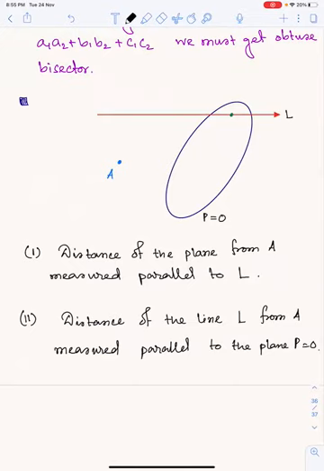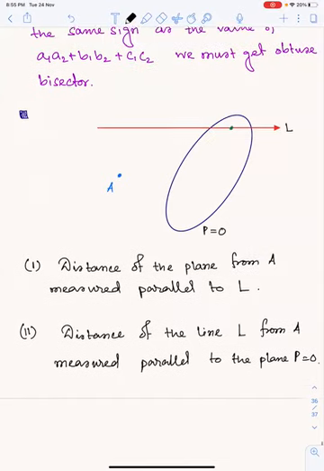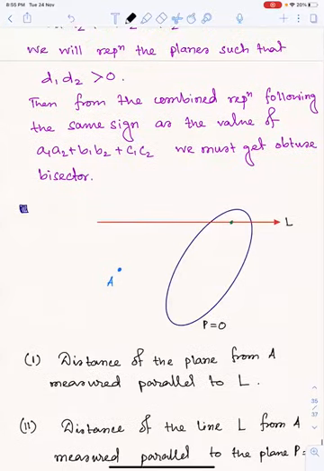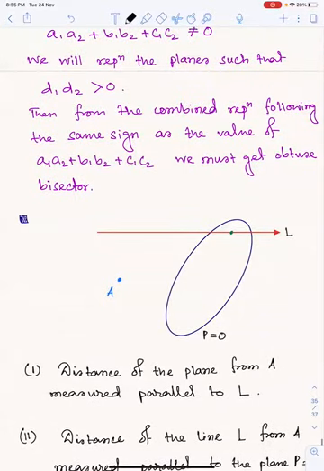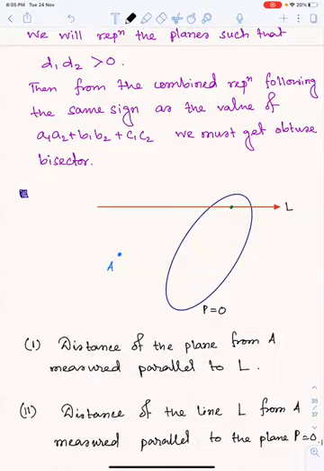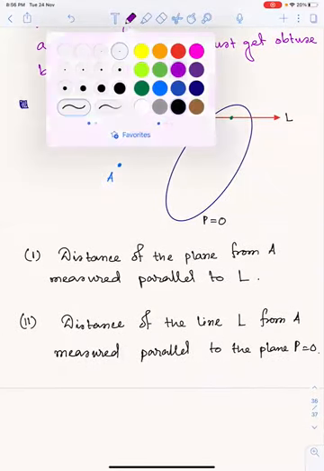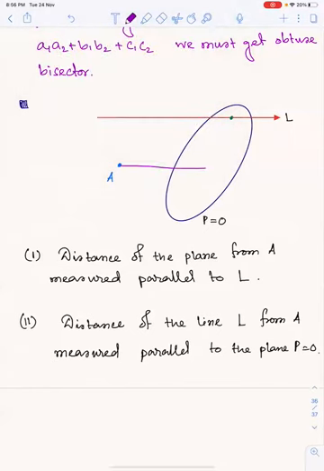So, as per the first requirement, we need to have this measurement. This is the distance of the plane from A when it is measured parallel to the line. So how to get to that?